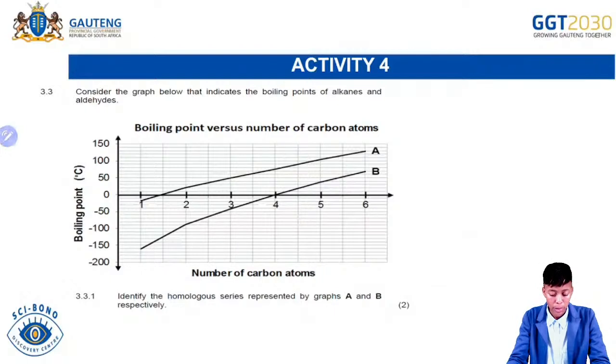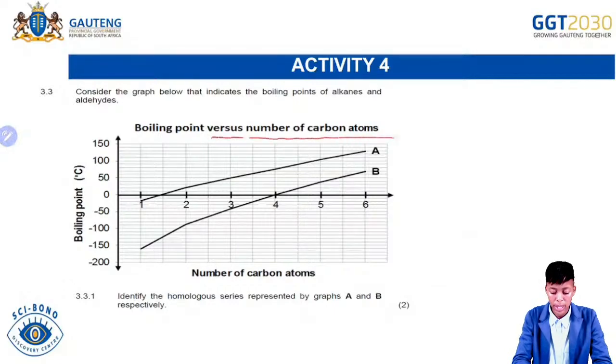Then activity 4 here says 3.3, consider the graph below that indicates the boiling points of alkanes and aldehydes. So we are given the following graph of boiling point versus the number of carbon atoms.